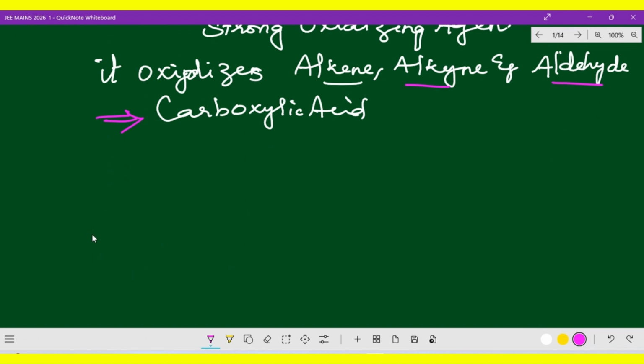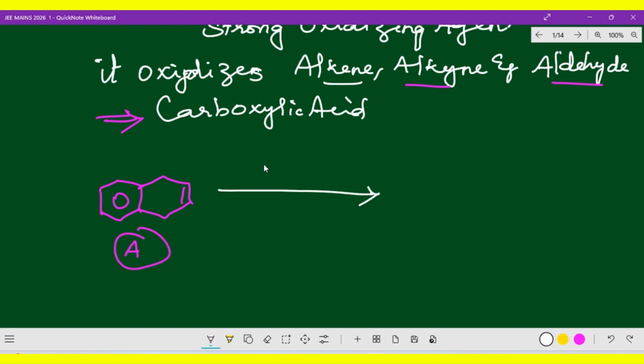Here is compound A, option A, and I bring the structural formula for you to understand. So this is a double bond. When compound A reacts with H2/Pt, hydrogenation, you get this compound, the cyclohexane along with the benzene ring. This is the first one.